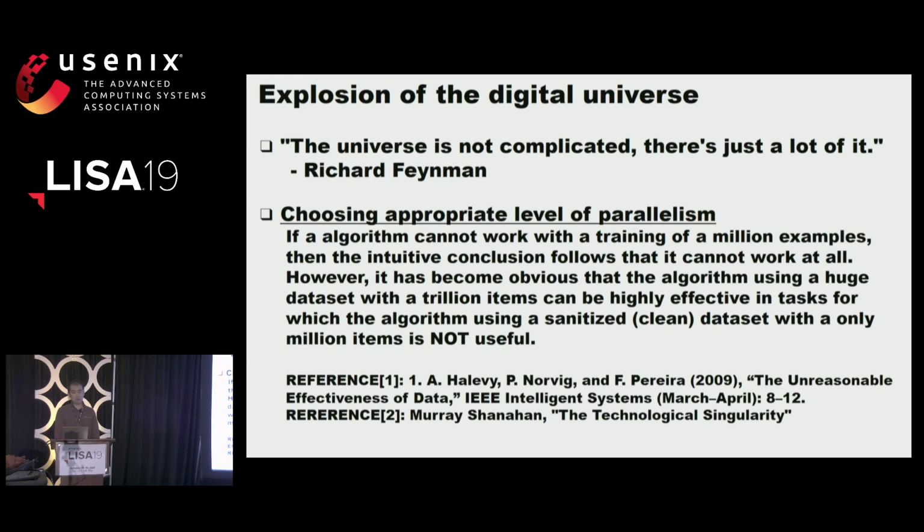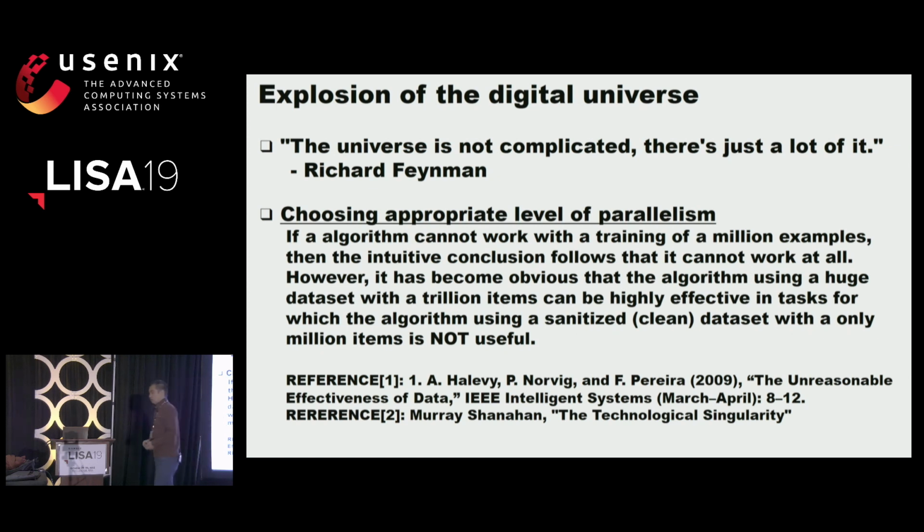And these are the lessons learned from our operational experience. This is somewhat exaggerated, but this is from a paper from Google. They are saying that it turned out that algorithms such as k-means, recurrent neural network, and anything is okay, using a huge data set with a trillion items can be highly effective in tasks for which an algorithm using a sanitized data set with only millions of items is not useful.